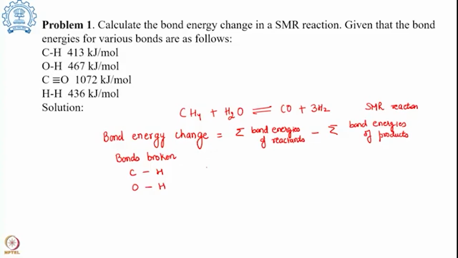The associated average bond energy in kilojoule per mole is 413 kilojoule per mole for the CH bond, and for the OH bond, 2 such bonds are broken, the associated bond energy is 467 kilojoule per mole.